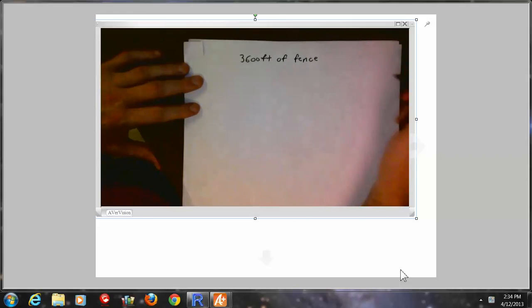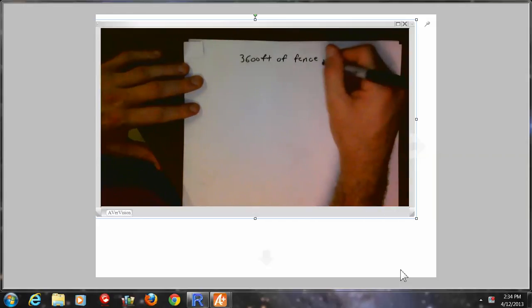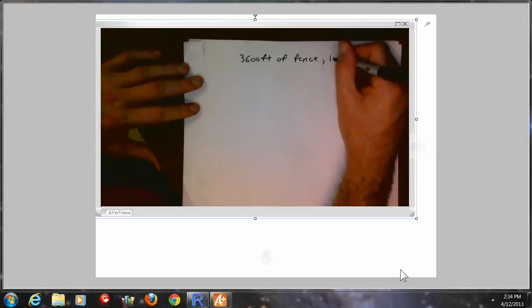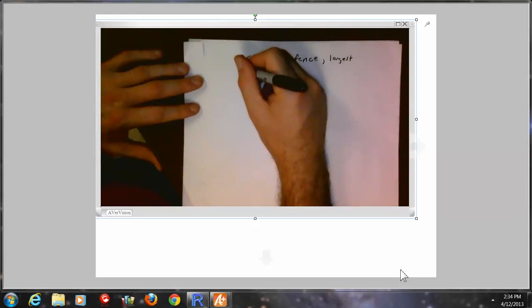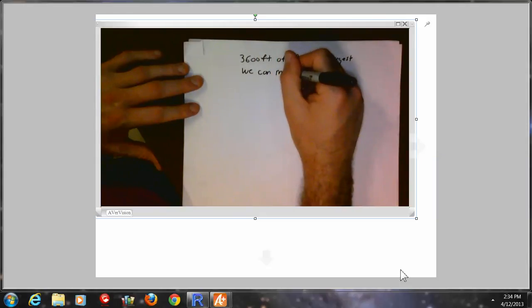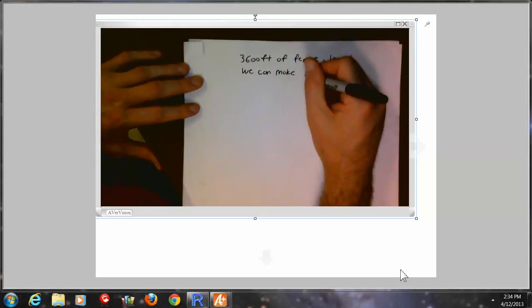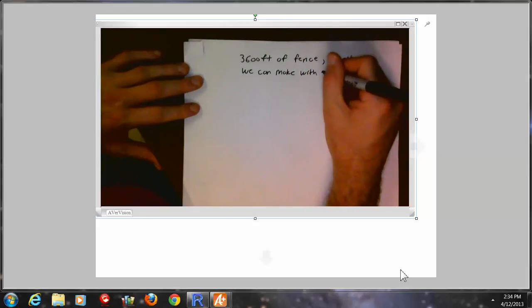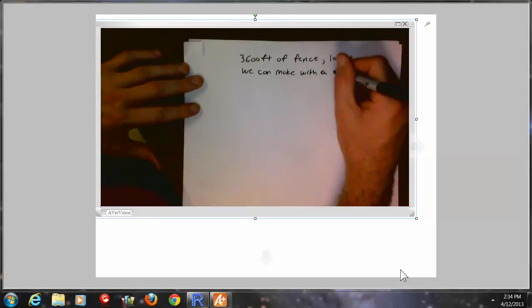We want to know what is the largest area we can make with a rectangular fence.